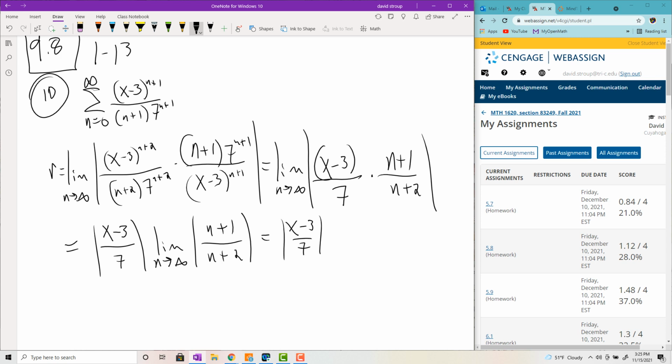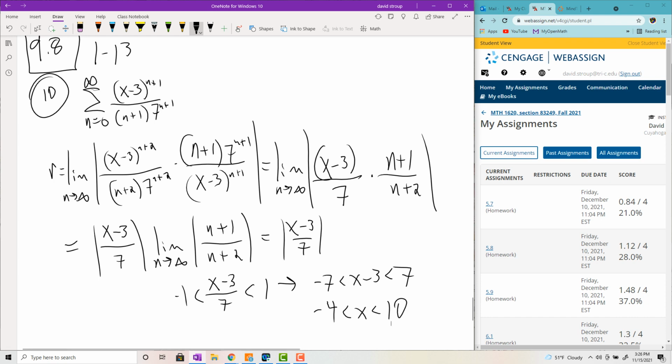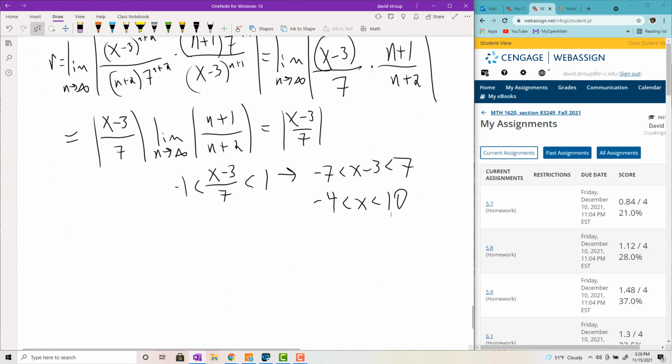And then you figure out your radius. So you're going to put x minus 3 over 7 between 1 and negative 1. Multiply through by 7. You get negative 7 less than x minus 3 less than 7. Add 3 to all three sides, and you get that. The radius of convergence is 7.